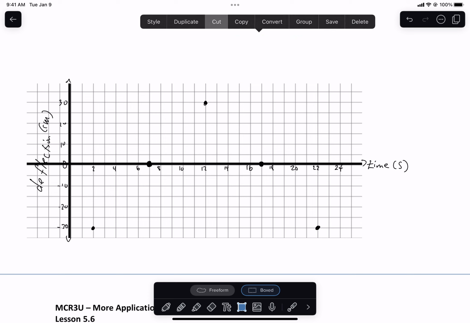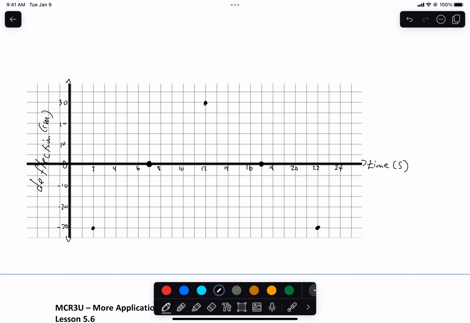So now I can connect these points. Okay, so there's a nice sinusoidal representation of what's happening here with the deflection of the building.